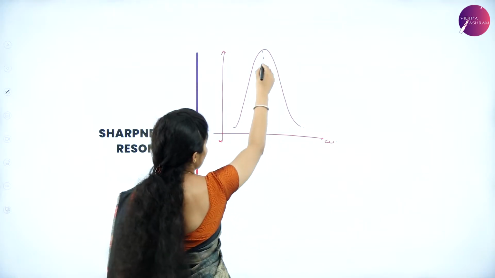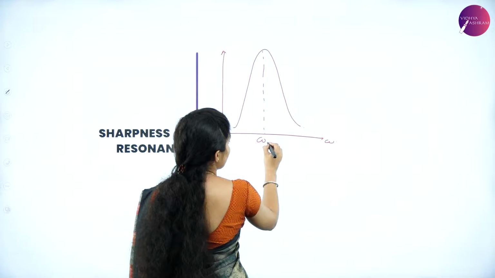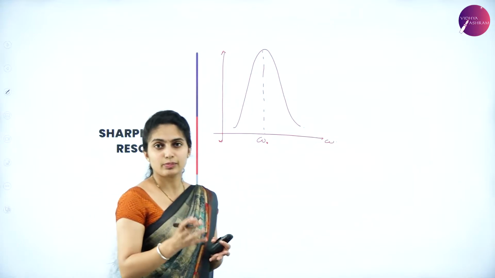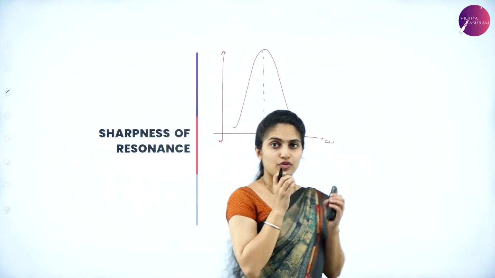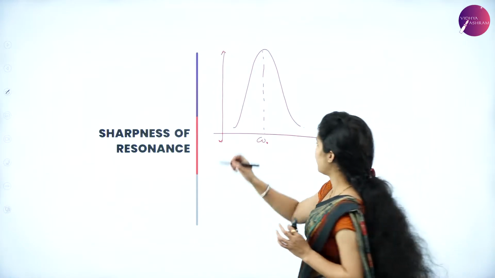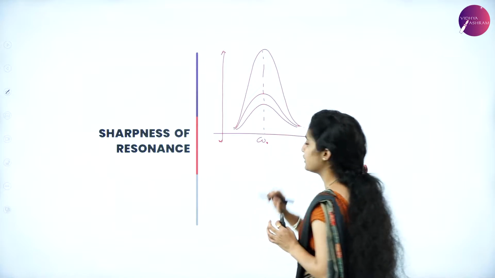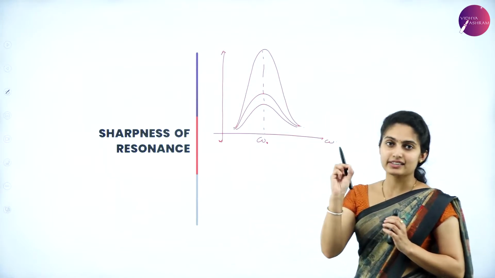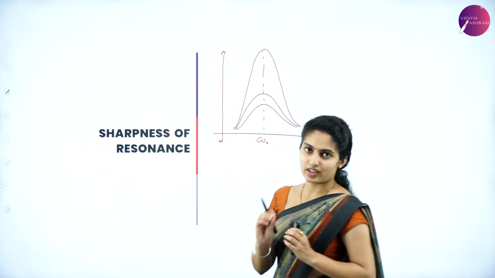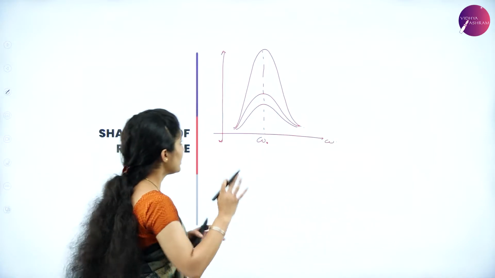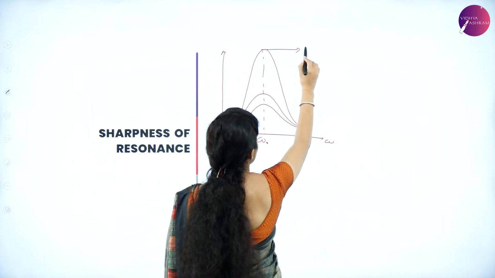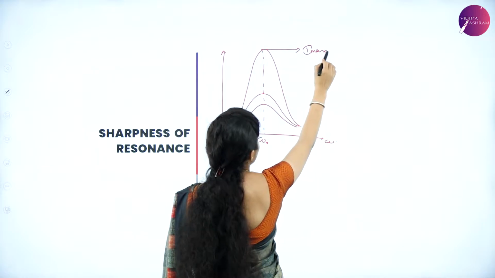Now, for the sharpness of the resonance, you have a peak value which is given as omega naught. It doesn't depend on the R value, because of which all the peaks have the highest amplitude at omega naught. Suppose you consider this as the maximum value, call it I max.